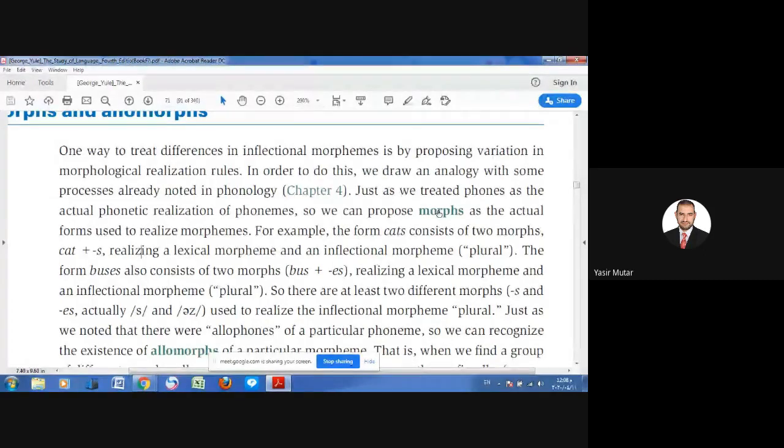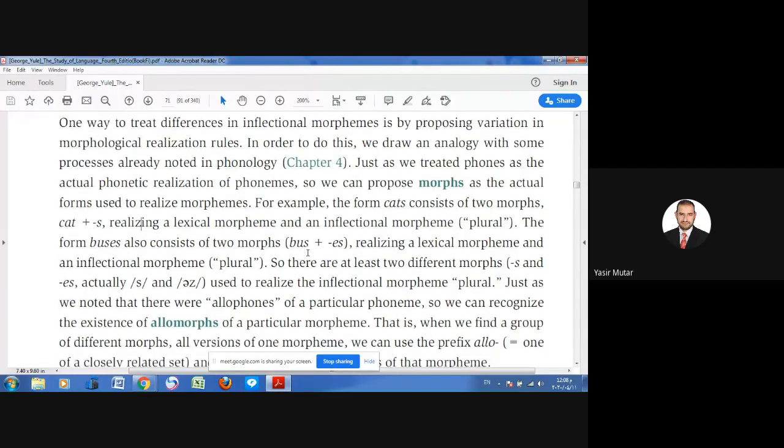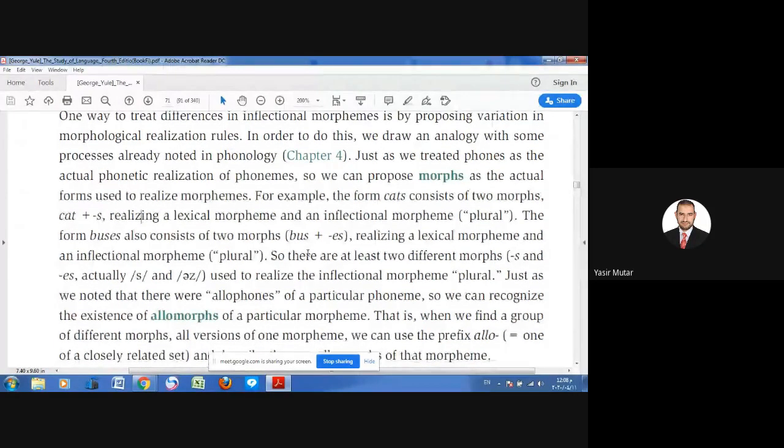I think this example is enough. We have many problems in this regard. For example, in some verbs in the language, it's not just simply adding ed to the verb.